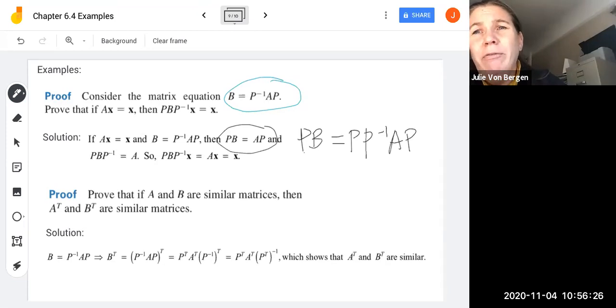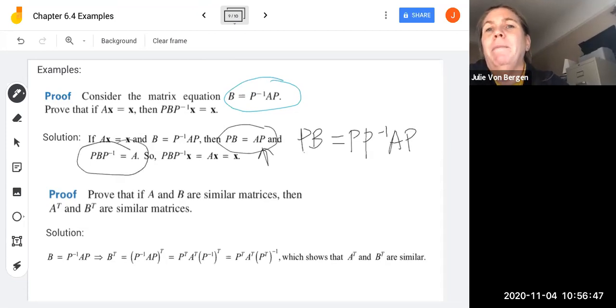All right, now if we multiply by P inverse on the right, we're just going to have A, because P multiplied over here by P inverse is going to cancel out. And so then we have B multiplied by P inverse X equals AX, which we know equals X. So we just showed this relationship right here, and then we're just substituting that in.